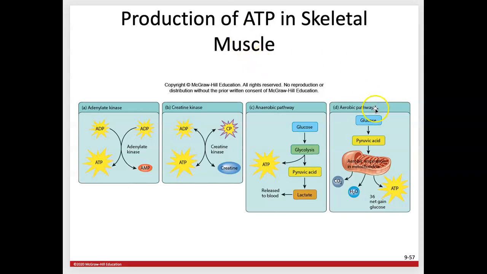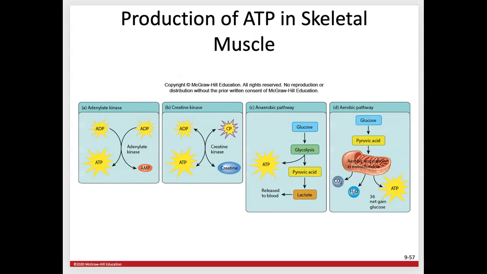And this actually happens in the mitochondria. As you know, the mitochondria is the powerhouse of the cell, makes ATP. There's ATP made elsewhere as well, as you can see here, but the most ATP that you're going to get is through this aerobic pathway.